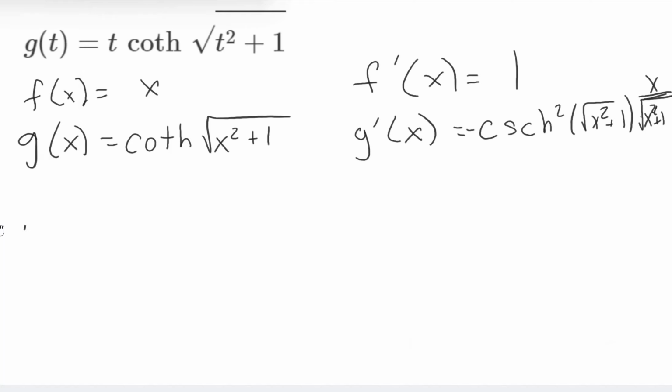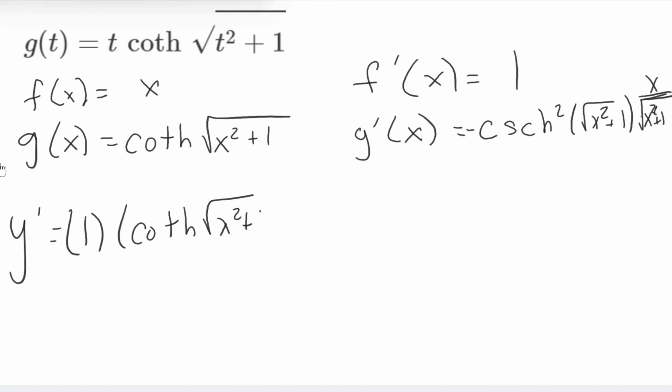So we've got the derivative of the first, which is 1, times the second, plus the derivative of the second.